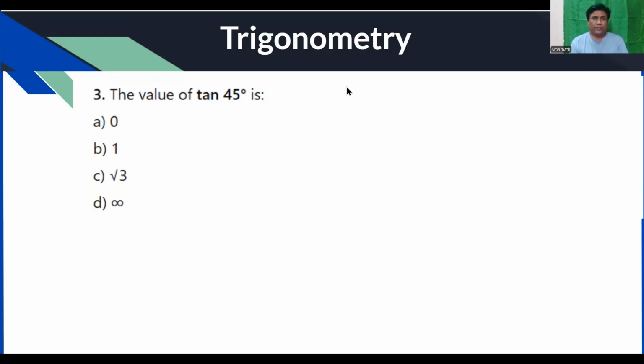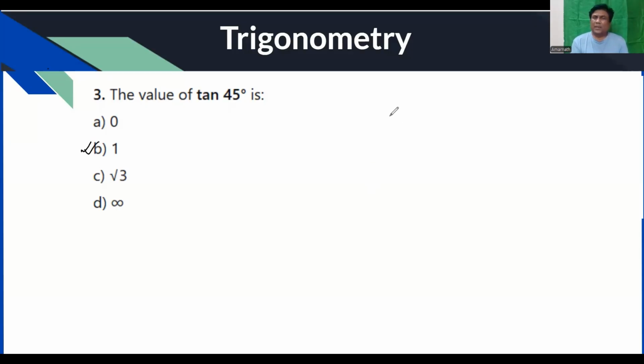Either check the table or build the table. Adita, respond please. Yes, sir. The value of tan 45 is 1.